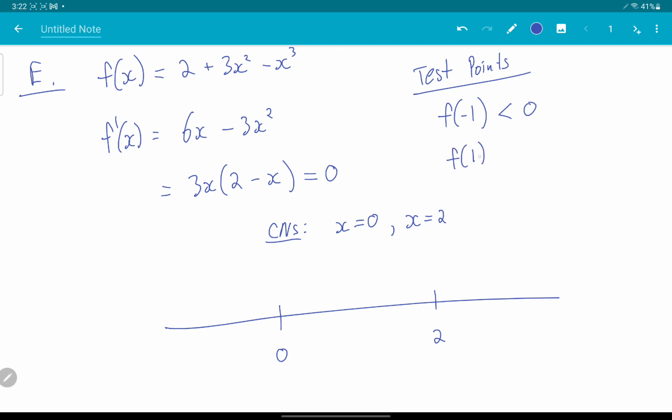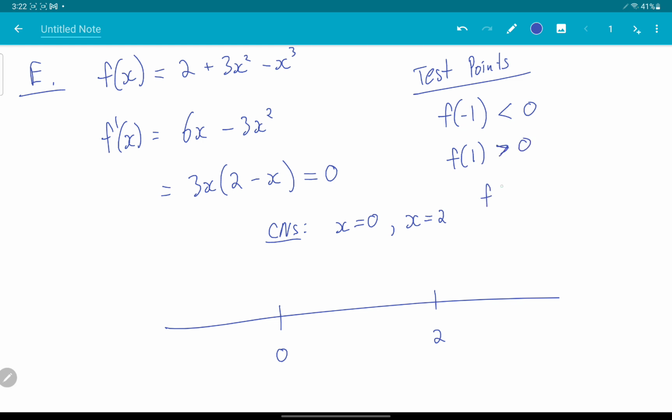My next test point in here would be 1, is the most logical thing. Plugging 1 into my derivative, I get positive times positive. So that's bigger than 0.